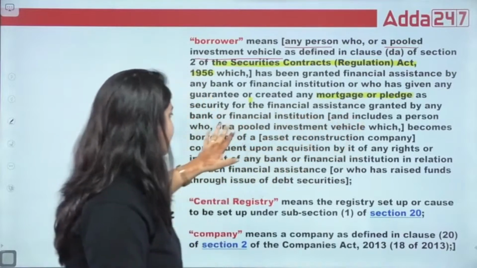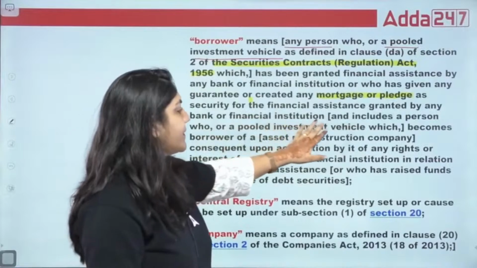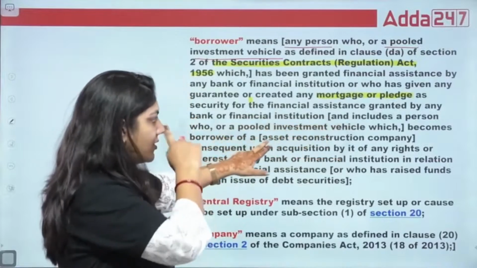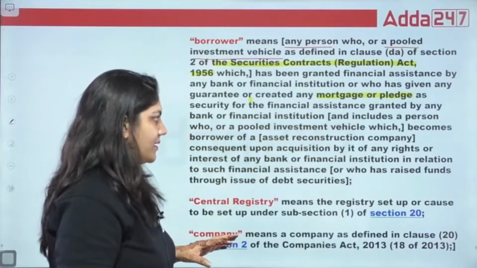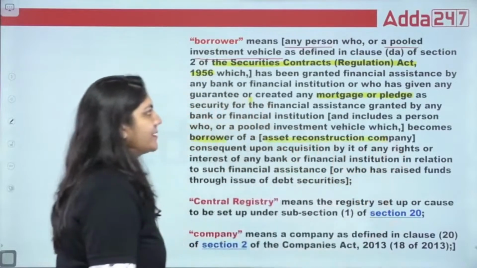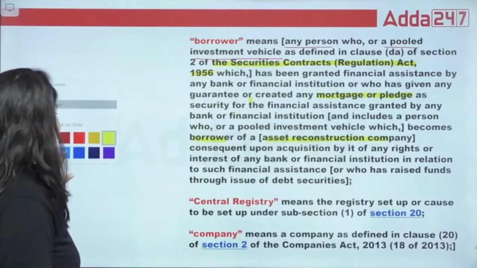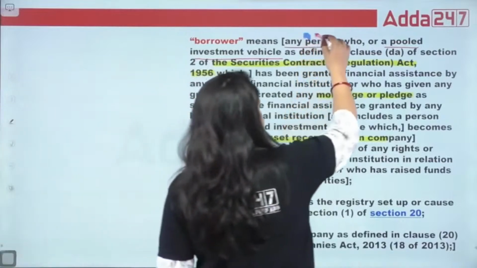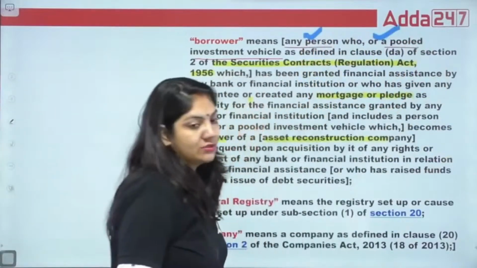It includes a person or a pooled investment vehicle which becomes borrower of ARC company. So they can become borrower also of the ARC company. So in one word, we can say this and this is called the borrower.